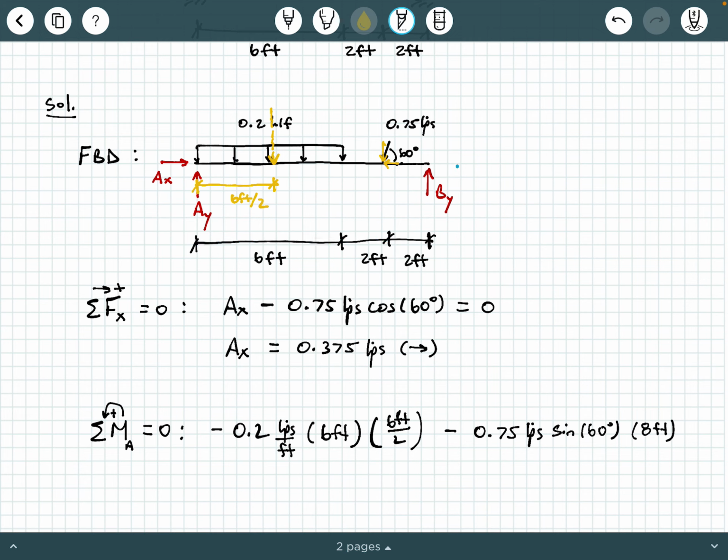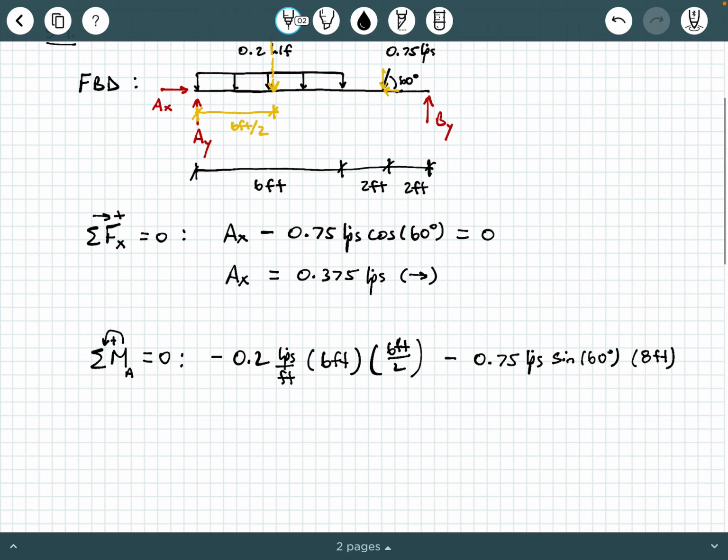And then last we see BY. BY is going to cause a tendency of rotation about point A, and that's going to be counterclockwise, which we call counterclockwise rotations positive. So we're going to say that's plus BY times its perpendicular distance away from point A, which is 10 feet, and then all of that equals 0.